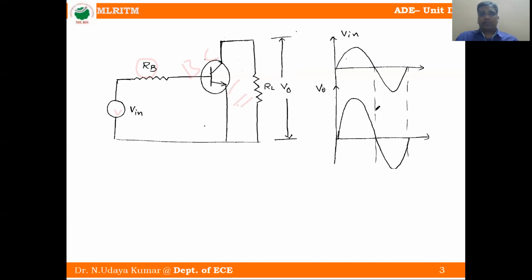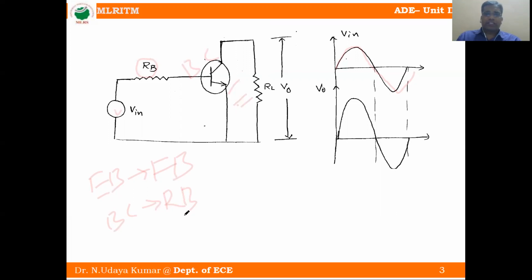Okay, for example, I am giving a sinusoidal input voltage here. So what happens? We already know that the emitter-base junction is forward biased and the base-collector junction is reverse biased.